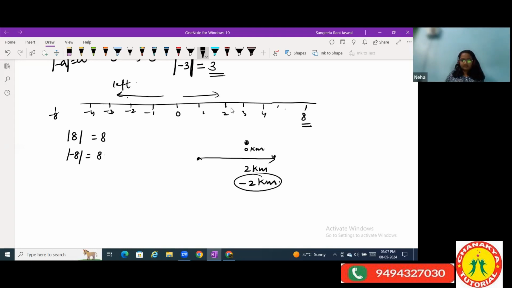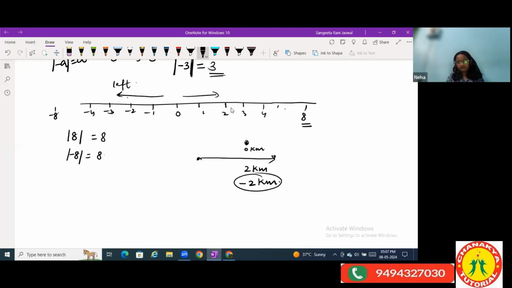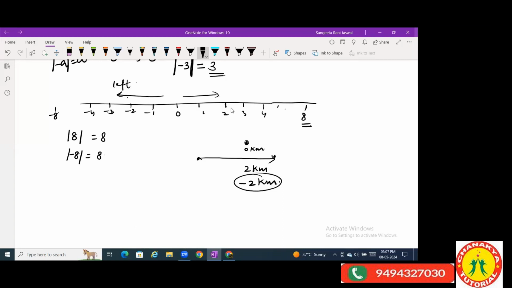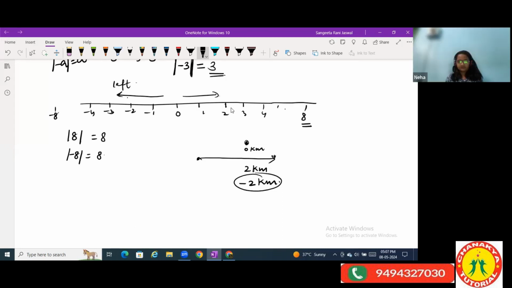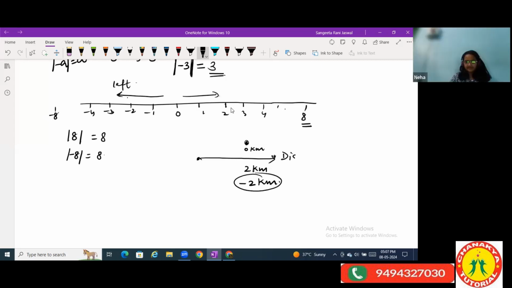But if you have covered some distance from one point to another, then only we say that you have covered some distance. And that will never be negative. So we say that distance is never negative.